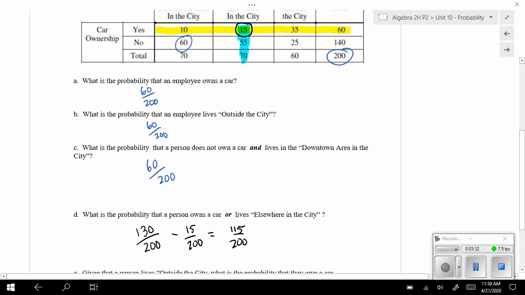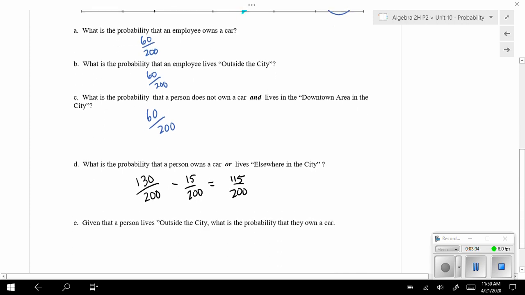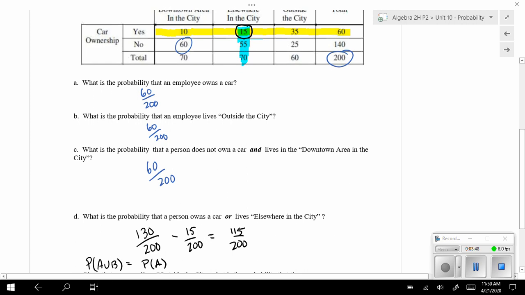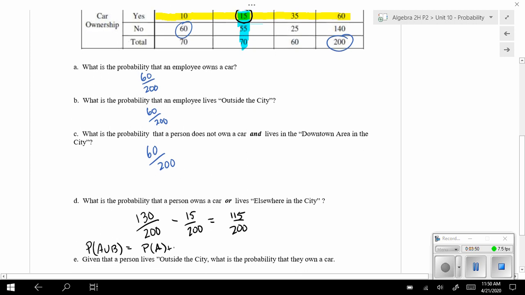Now, this is reminiscent of the formula we talked about where the probability of event A or B is equal to the probability of event A, which in this case we're letting A represent the elsewhere in the city, plus the probability of event B, which is the own a car, or vice versa, whatever.